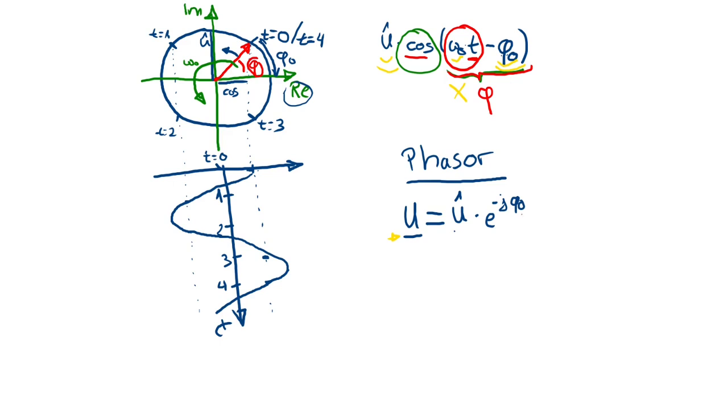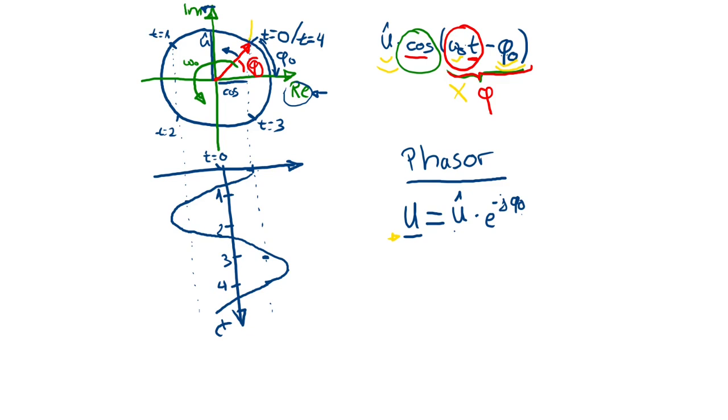And now you see why I called the axes here in the Cartesian coordinate system real axis and imaginary axis, because we will find our phasor here. The phasor is the initial pointer at time point 0.